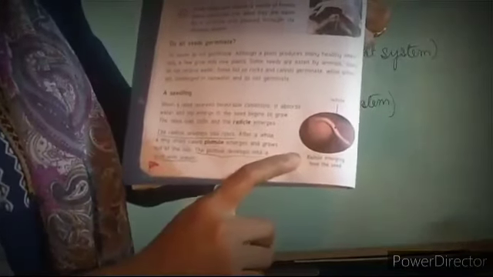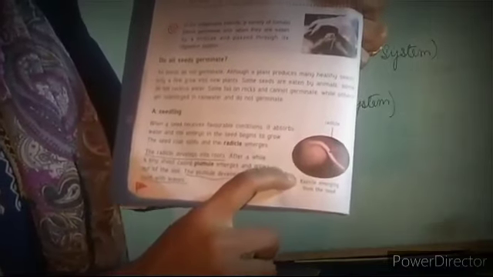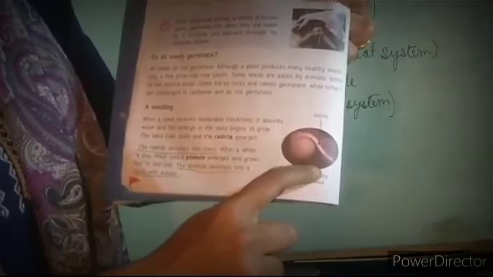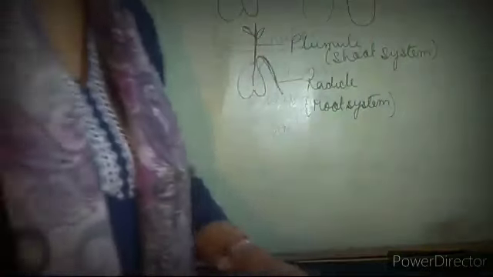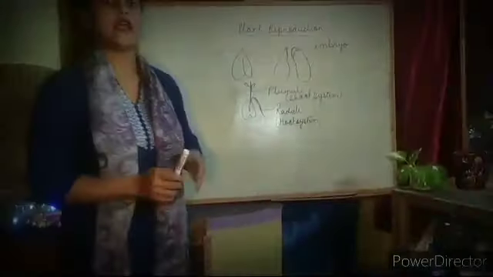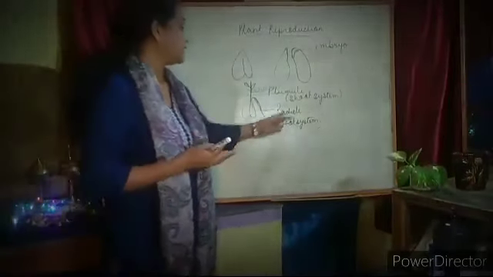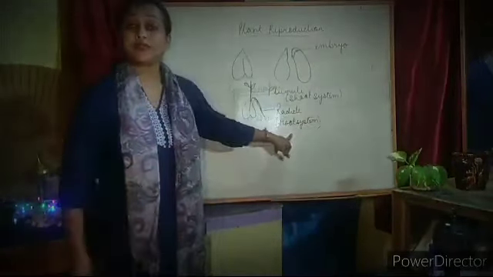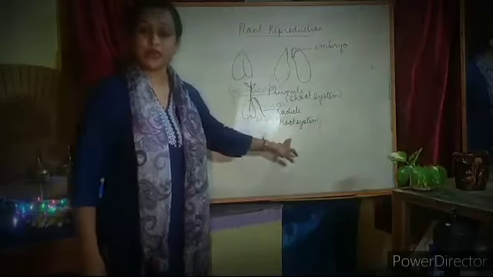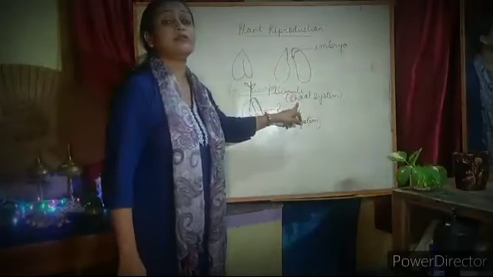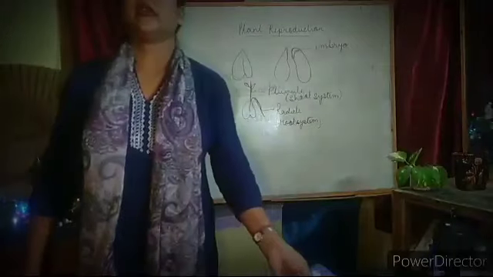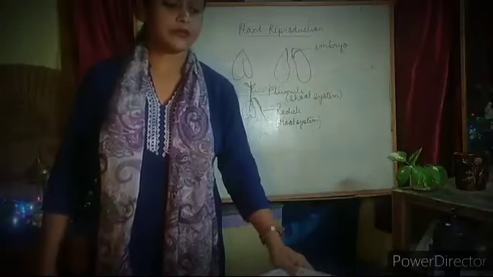As you can see here, the picture of a seed is given and the radicle is shown coming out from the seed. The first part which comes out is the radicle and then the plumule. The radicle develops into the root system, and the plumule forms the shoot of the plant.